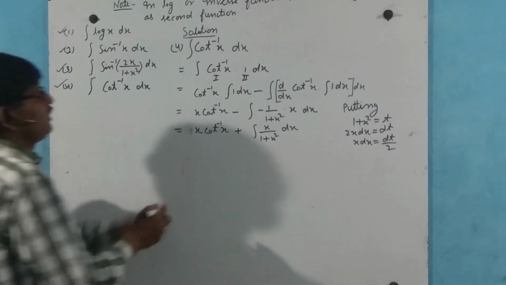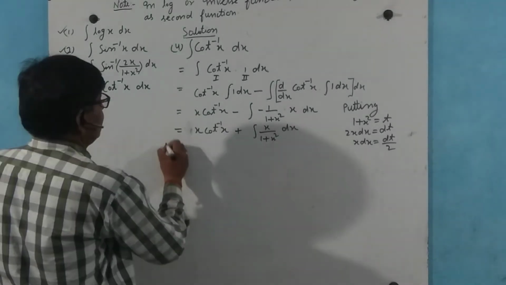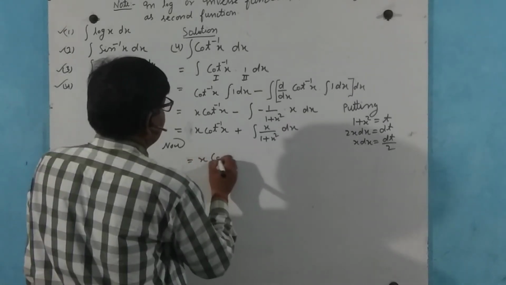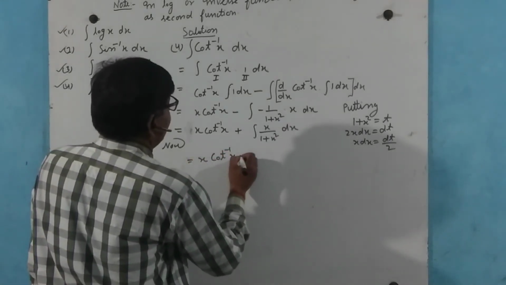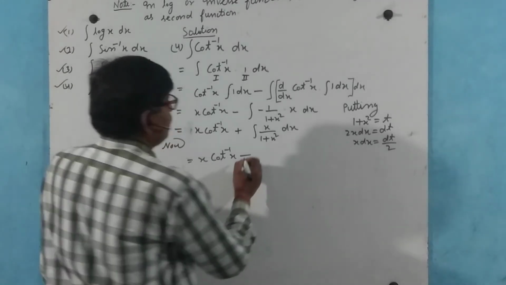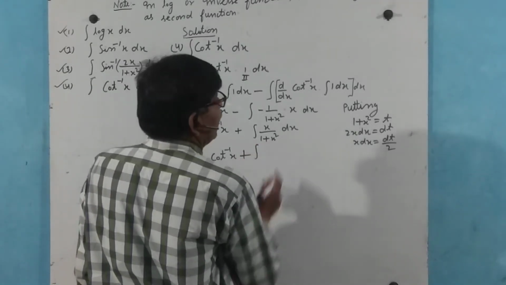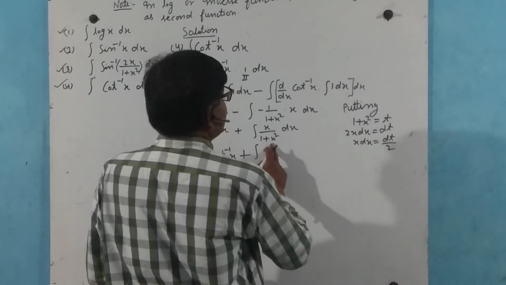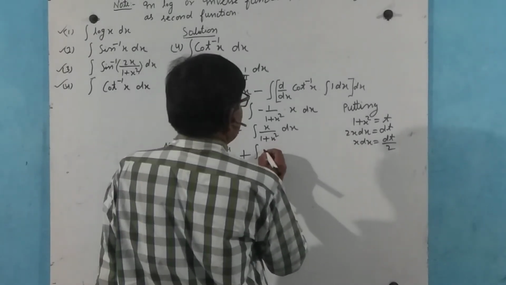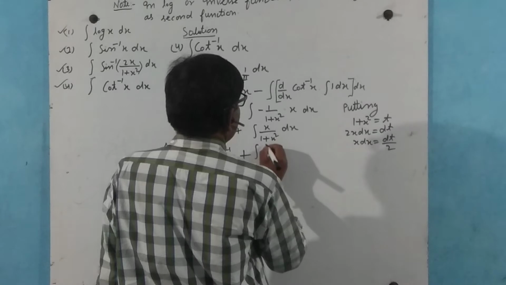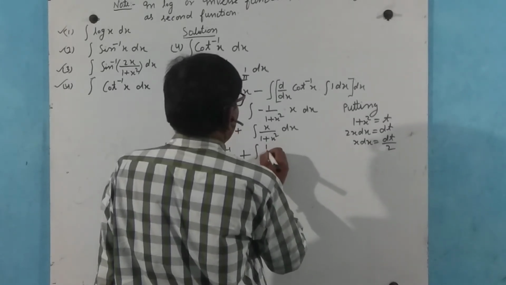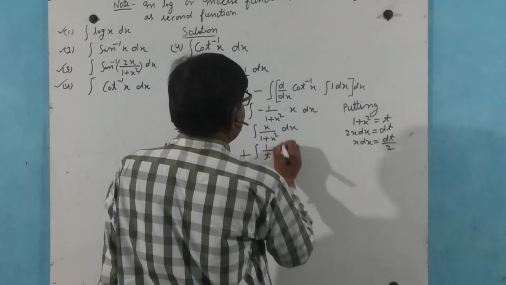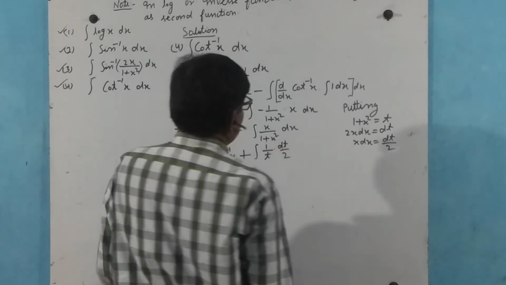Putting this in our problem here: x cot inverse x plus integration of x dx, dt by 2, and this is t, so 1 by t into dt by 2.